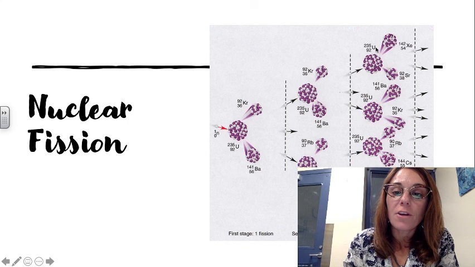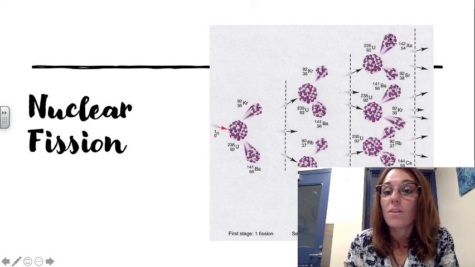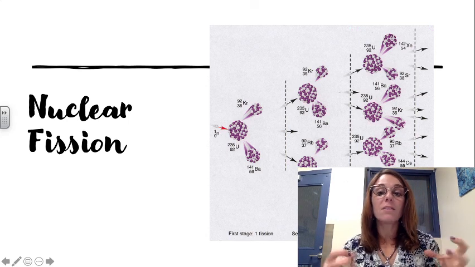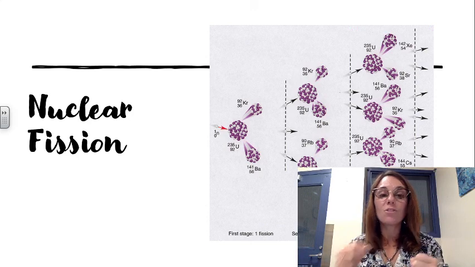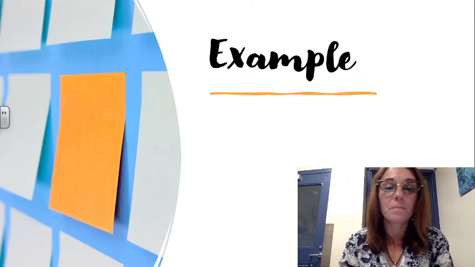With this graphic here, you'll see that I'm starting off with the same uranium, but it can split off into different variations. This one split off into krypton and barium. This one split up into rubidium and cesium. This one xenon and strontium, or again, barium and krypton. So it all depends on how it's split up, that it can lead to different variations of isotopes that are created.